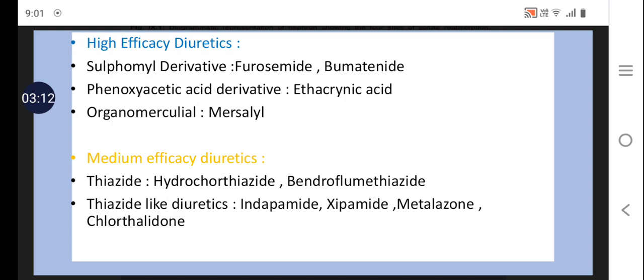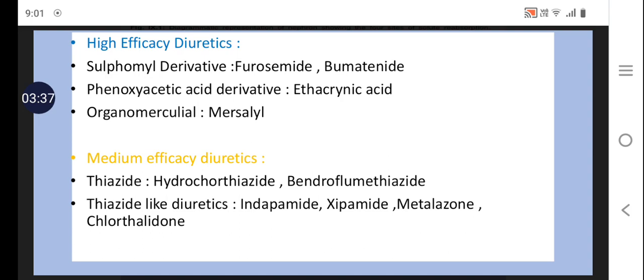This includes the sulfonamide derivatives like furosemide, bumetanide, then phenoxyacetic acid derivative like ethacrynic acid, and organomercurials like mersalyl. Ethacrynic acid and mersalyl are not used that much nowadays, but furosemide and bumetanide are used commonly.